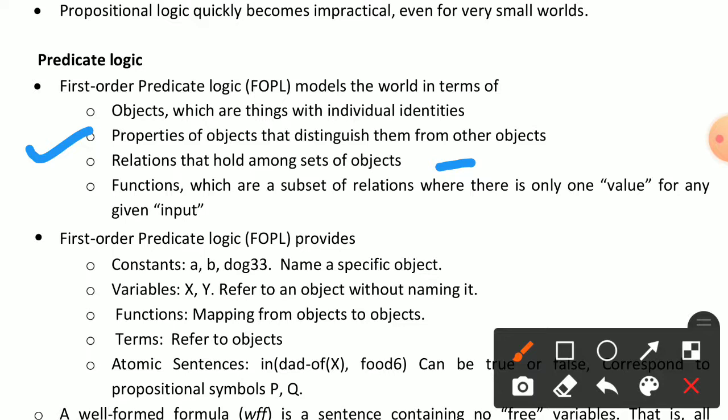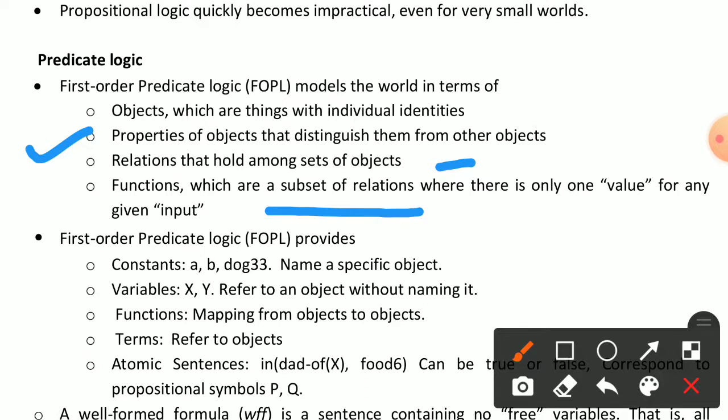Then functions, which are a subset of relations where there is only one value for any given input. Here we can take the subset of relations. From one relation we can find out another relation, and we can take different values for the given input value.